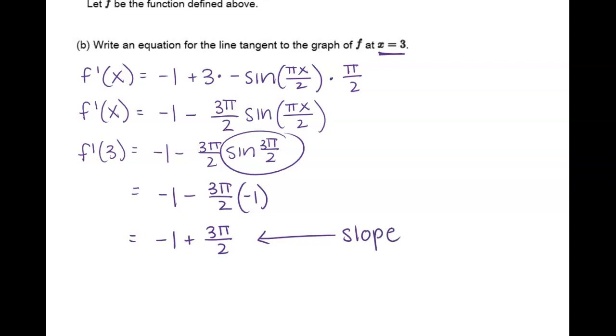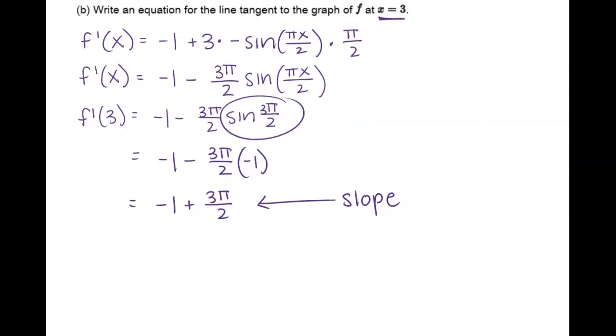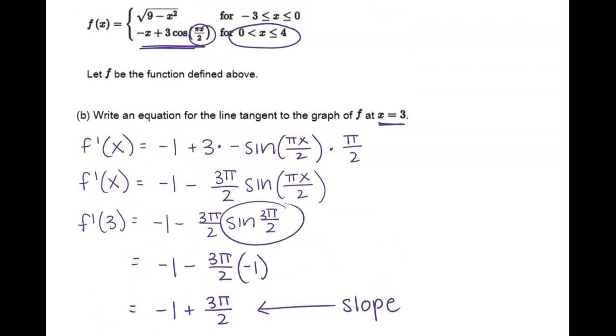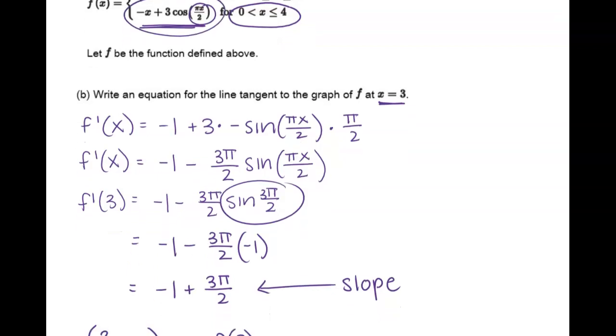In order to write the equation for a line, you need two things, a point and a slope. So we already know that our x value for our point is 3. We need to find our y value. So to do that, we'll plug into our original equation. And our original equation is this one for 3.